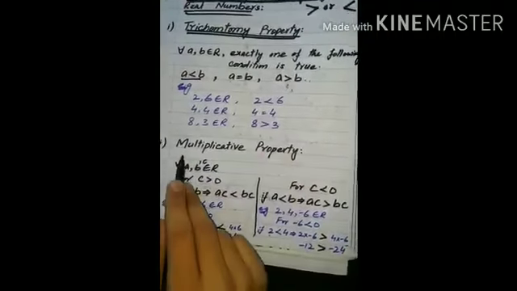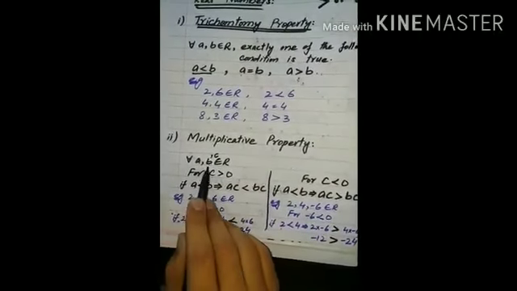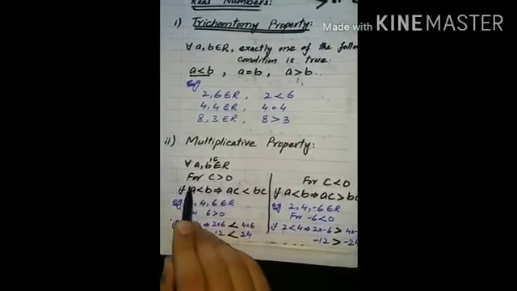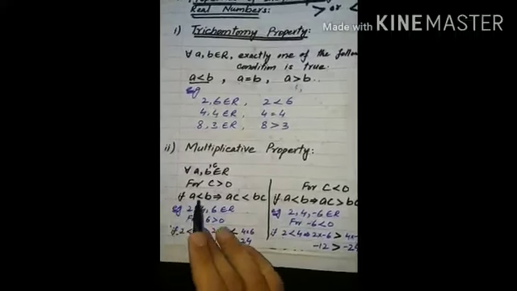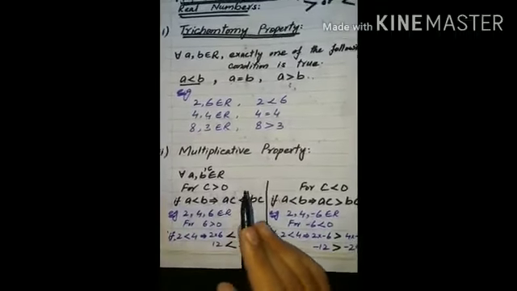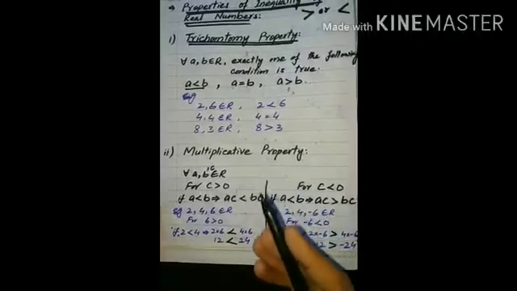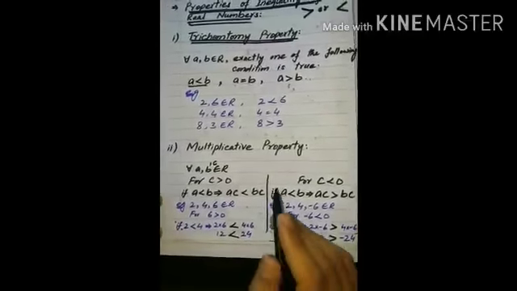Now the next property is the multiplicative property, and it says for all a, b, c belonging to R, where a, b, c are any three real numbers in which c is greater than 0. If c is a number greater than 0, it means we can take instead of c 1, 2, 3, because these numbers are greater than 0, and so on.